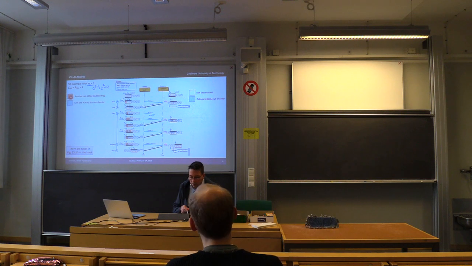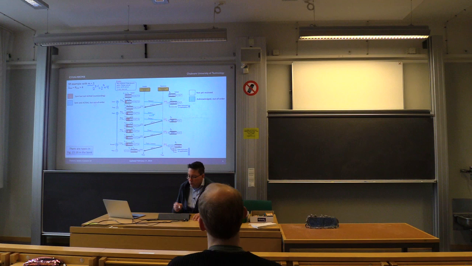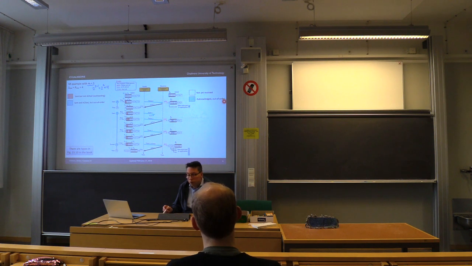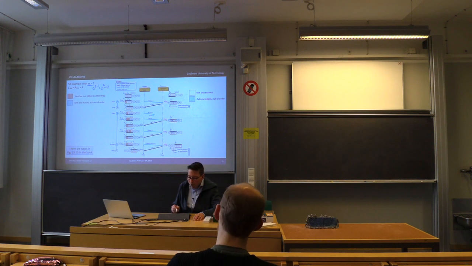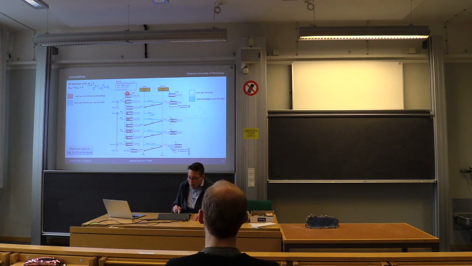Remember the coloring scheme: the reddish one is sent but not acknowledged yet, so it's outstanding. And the blue, let's call this blue, is sent and acknowledged, but it's acknowledged out of order. On the receiving end, we also have a color code. White means not yet received, and bluish here means acknowledged but out of order. So when we start, we have a send window which is empty, and a receive window which is also empty.